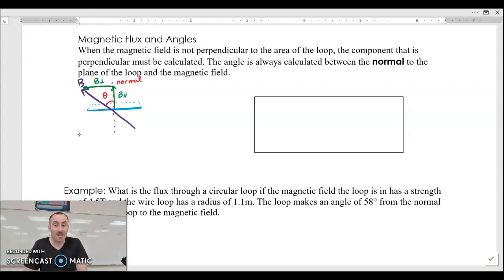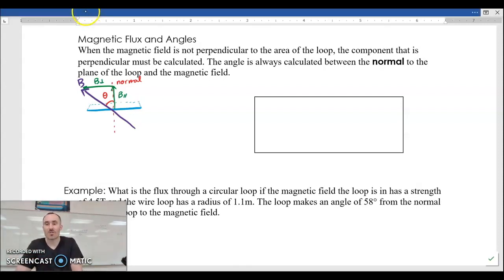And what that means is it's the adjacent side of this triangle, and that means we need to use cosine. So all along we've been using sine for figuring out the component that we need, but because in this particular formula we're using the angle between the normal line and the field, we need to use the adjacent side instead, which is cosine.